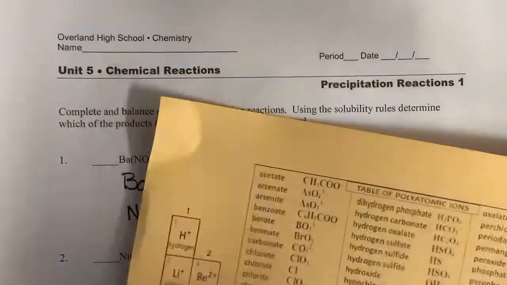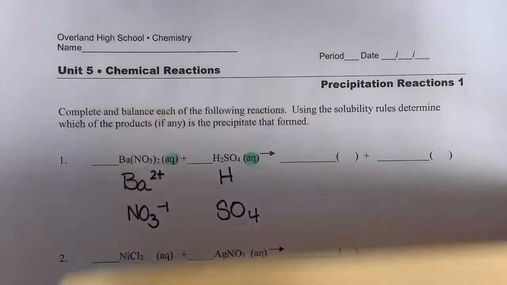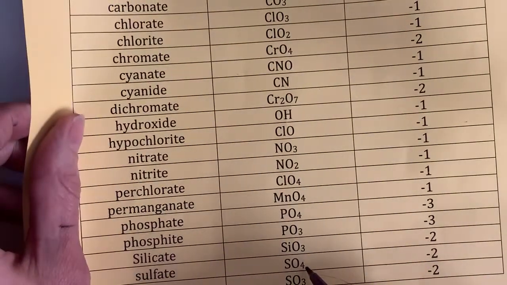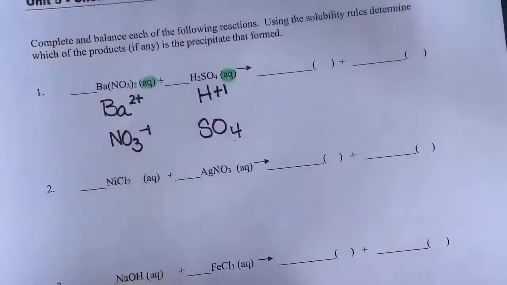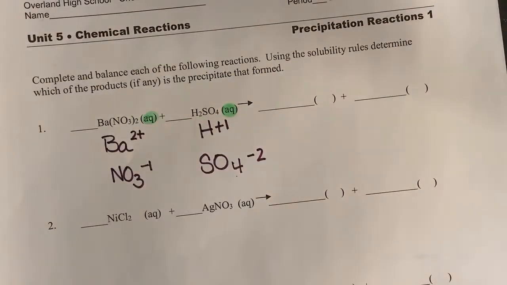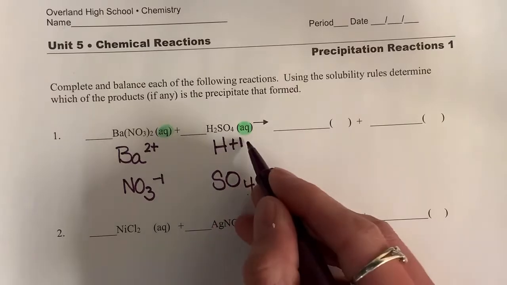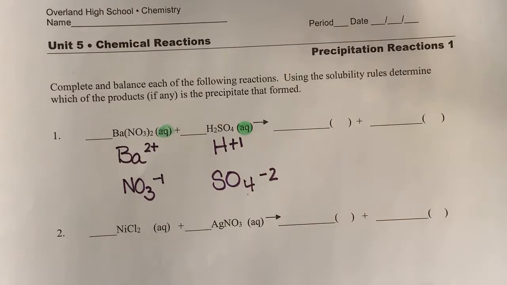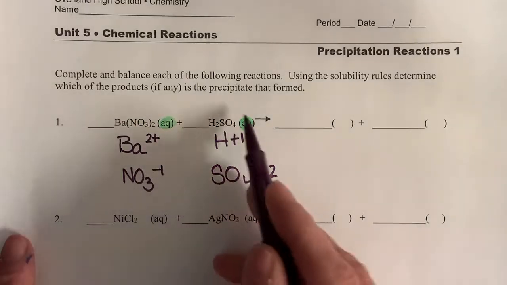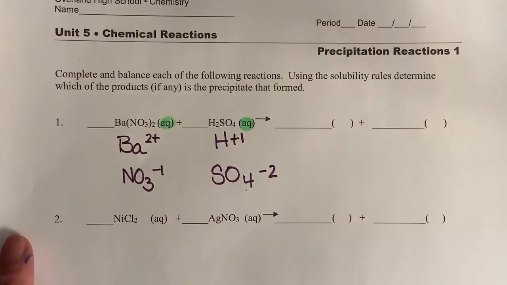H had a charge of +1. SO4 had a charge of -2. So I needed that 2 here to cancel those out. Okay, so step 1, I break my ionic compounds into ions.